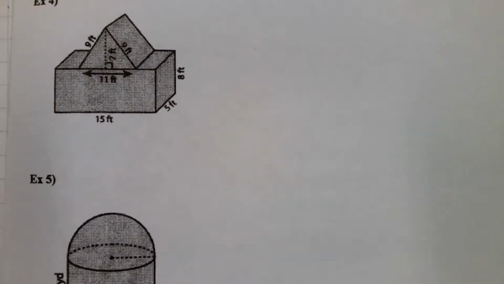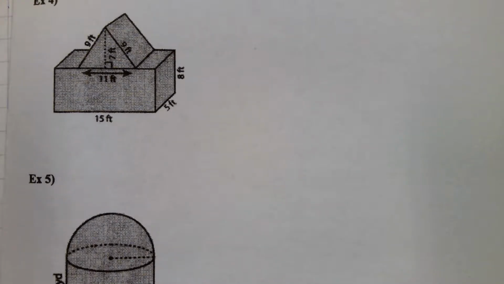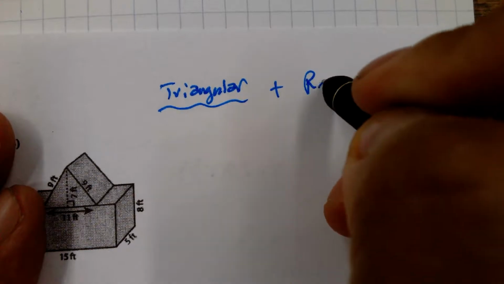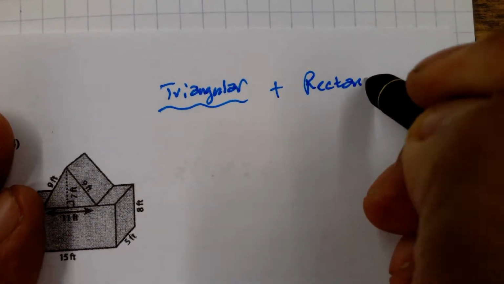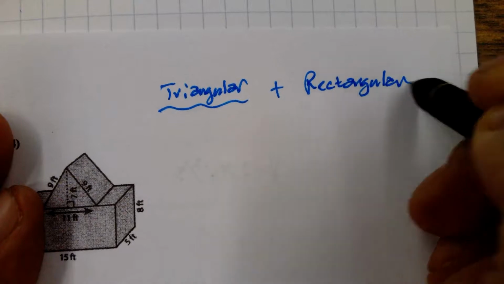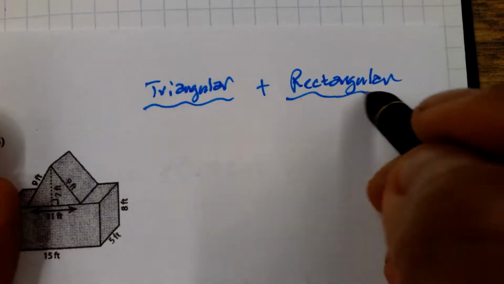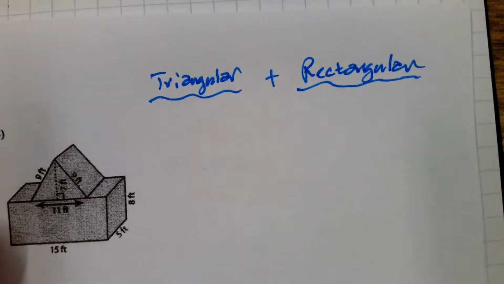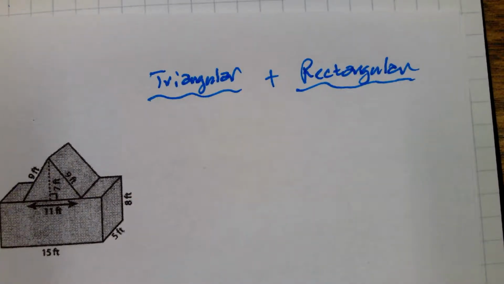Anyways, all right. Let's go ahead and figure this out. Let's start with a harder one, the triangular prism, and we're going to add the rectangular prism. Okay. So the triangular prism, if we look at the formula, things that are triangular, by the way, always have a half.